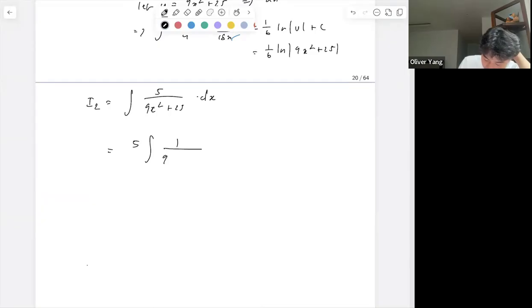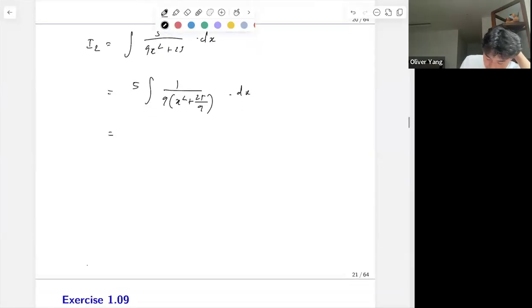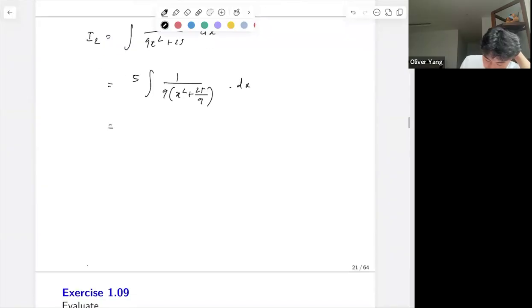So let's get rid of the 9, and that would be x squared plus 25 on 9 like this. So we know that a squared is going to be 25 on 9, and a is going to be 5 on 3.